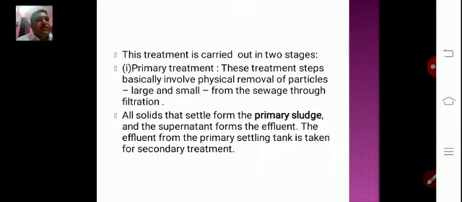Initially, floating debris is removed by filtration, and soil and small particles are removed by sedimentation, that means they settle down. After that, the effluent from the primary settling tank is taken to secondary treatment.